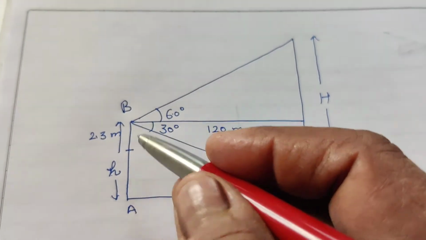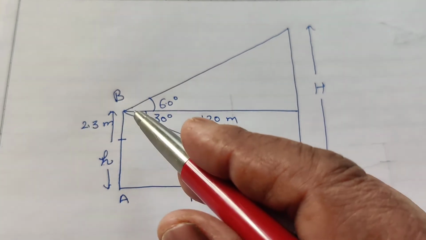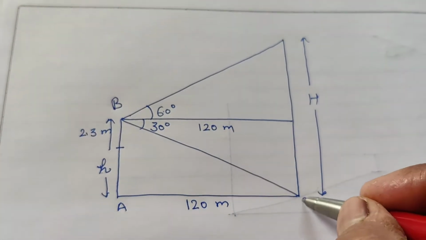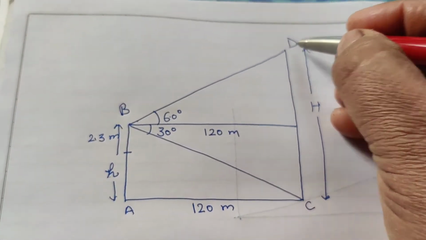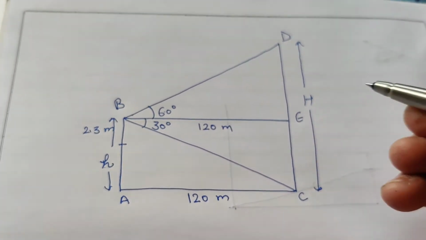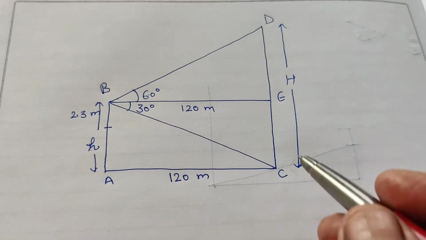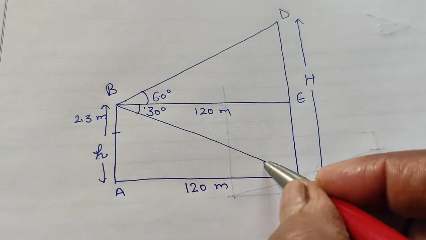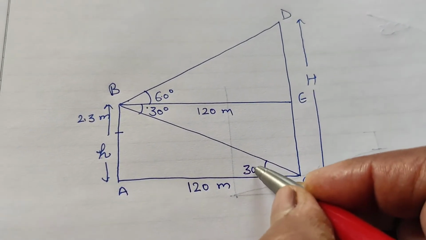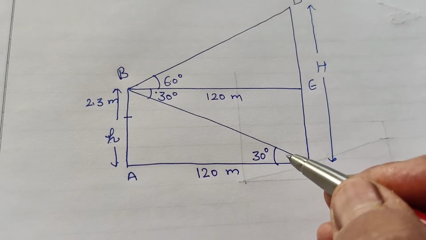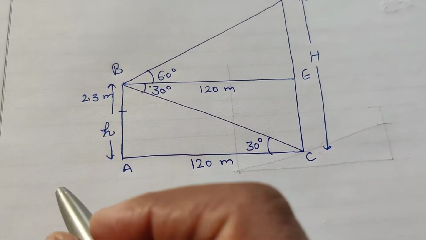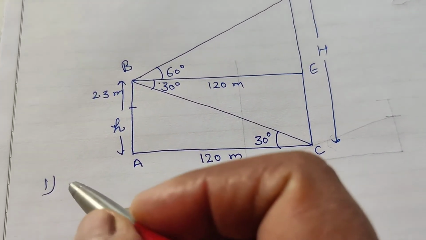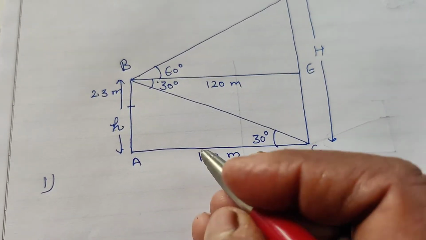AB is the height of the building including Ramlal and CD is the height of the tower, and this point is E. The angle of depression is 30 degrees, therefore the alternate angle, this one, is also 30 degrees. Now the first question is the height of the building excluding Ramlal.